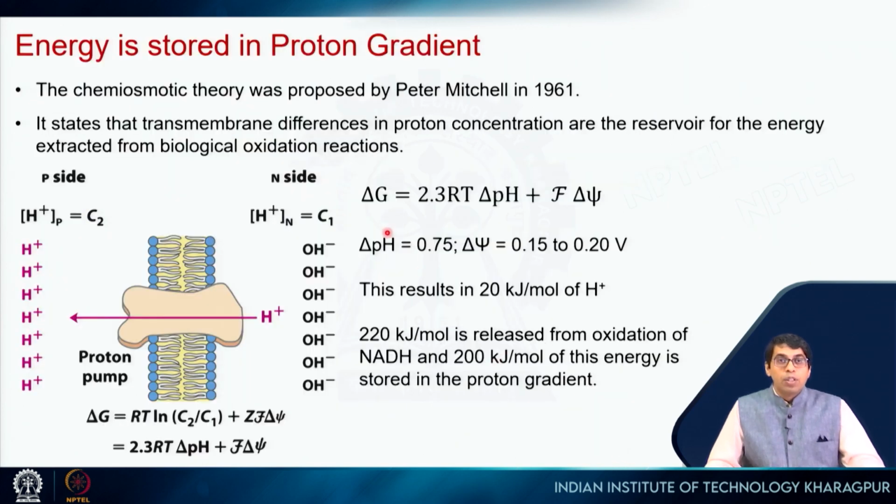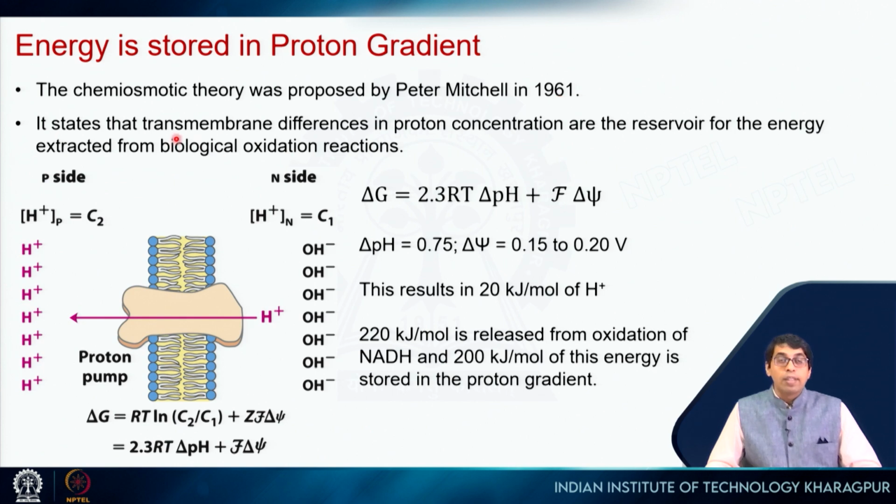So what we have done so far is pump out protons from the N side to the P side, so we have a huge proton gradient. The chemiosmotic theory states that this proton gradient and electric field gradient is what stores energy. This theory was proposed by Peter Mitchell in 1961.